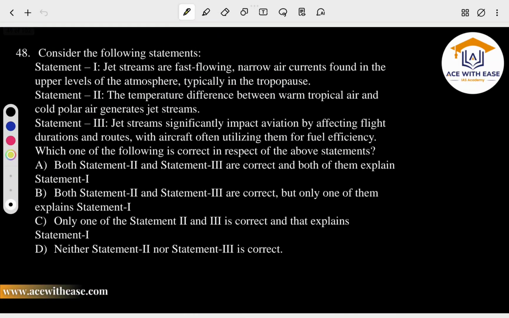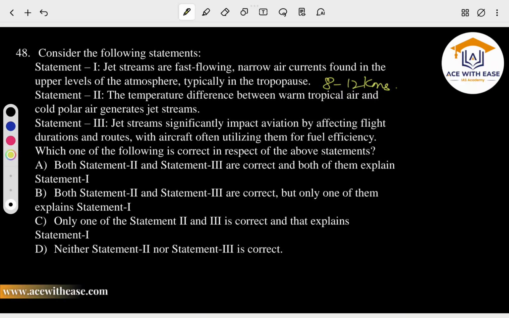Then 48, jet streams. Jet streams are fast flowing narrow air currents found in the upper level of the atmosphere, typically near the tropopause. We know that jet streams are generally between 8 to 12 kilometers height. So this is a correct statement.